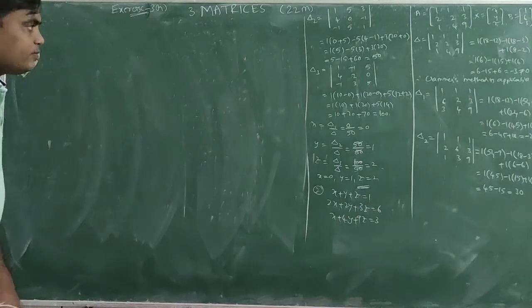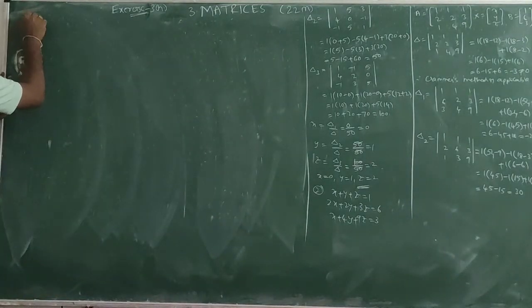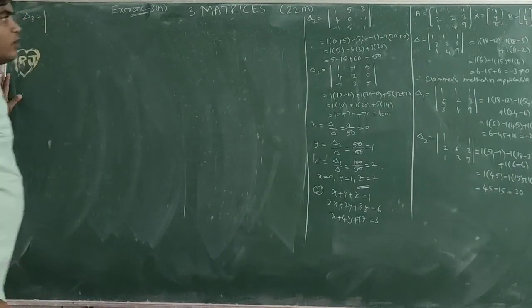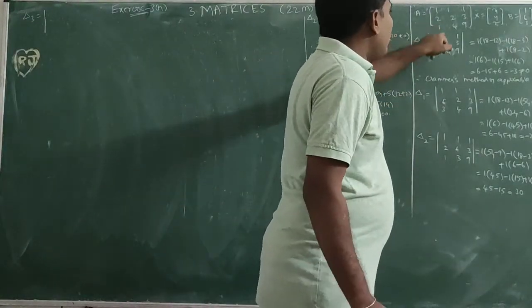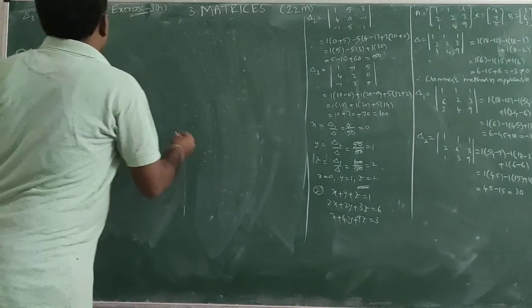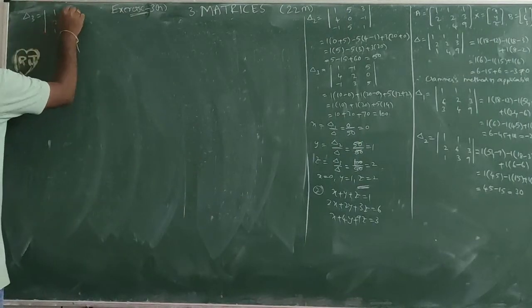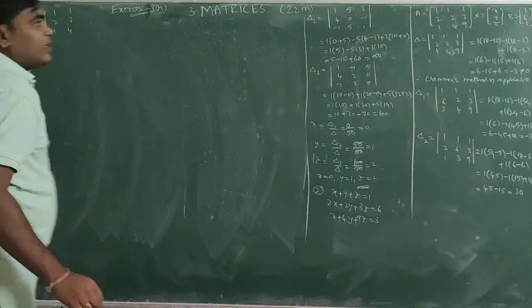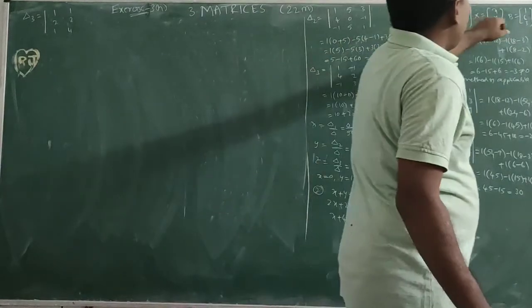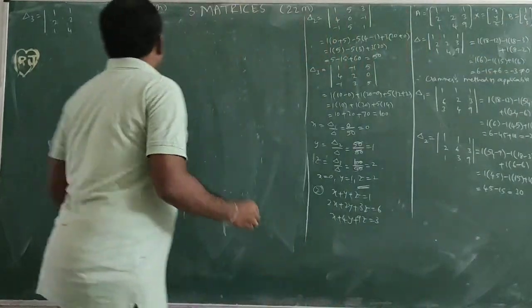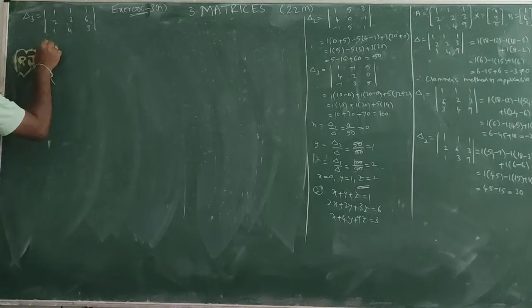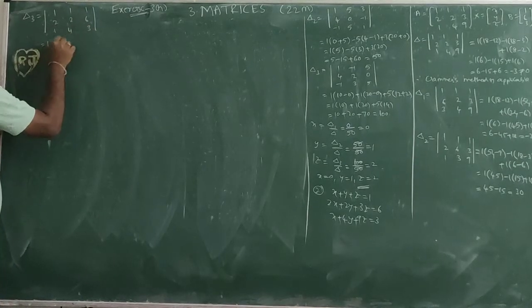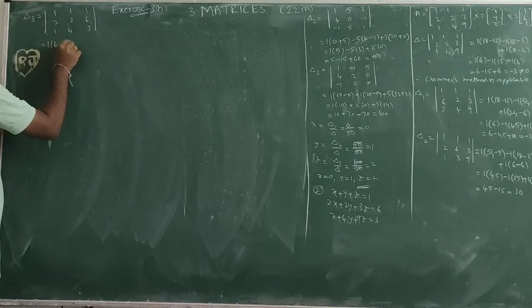Delta 3. So delta 3 equal to, replacing the third column. First column 1, 2, 1, second column 1, 2, 4. Third column is replaced with 1, 6, 3. 1 half, 2 into 3, 6, 4 into 6, 24, 6 minus 24, minus 18.